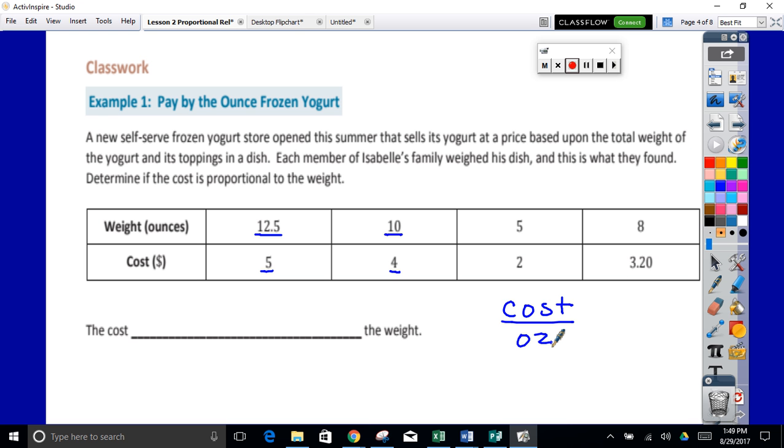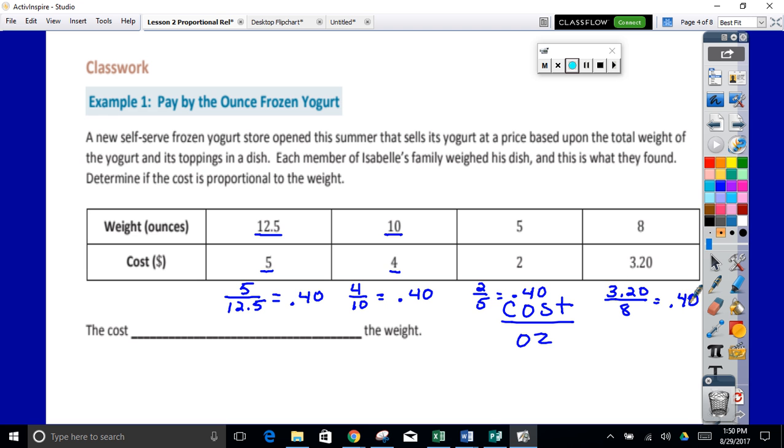So for my first one, I'm going to take $5, divide by 12.5 ounces, and I get 0.40. So that tells me that that person paid 40 cents per ounce. If I do 4 divided by 10, I also get 40 cents an ounce. 2 divided by 5 is 0.4, so it's 40 cents an ounce. 3.20 divided by 8 is 40 cents an ounce.